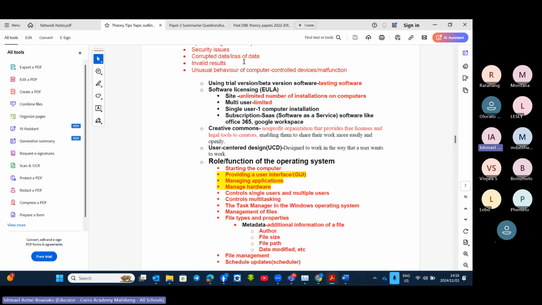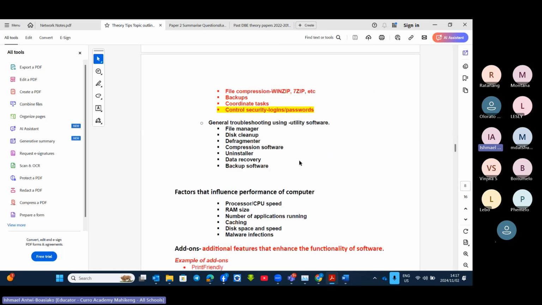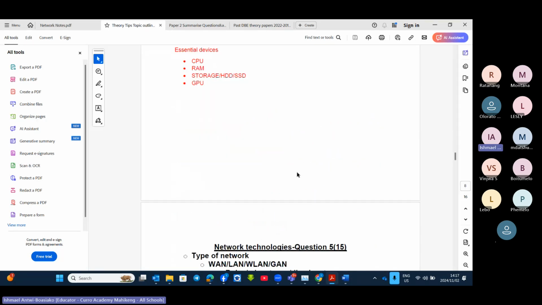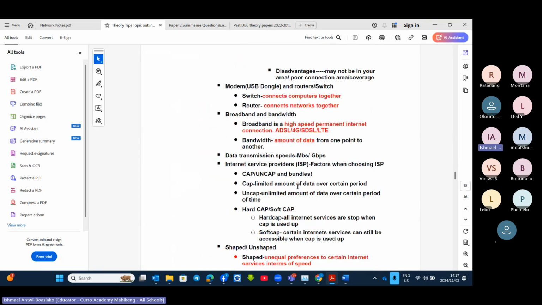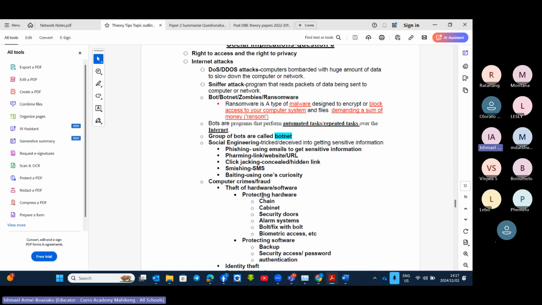That is what we call social engineering. So the term given to a situation whereby people are tricked or deceived into giving sensitive information is called social engineering.